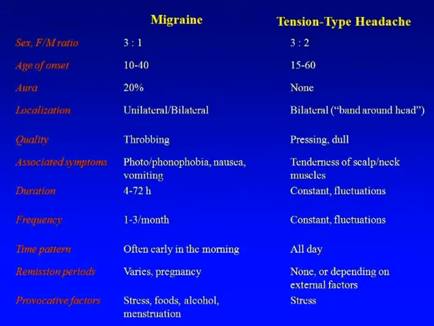It's called frequent episodic tension type headache. It's a new term in the classification. And usually migraine occurs in the morning, and factors like hormonal factors, alcohol, foods, pregnancy have some connection to migraine. Pregnancy can make it worse or can actually make it better.